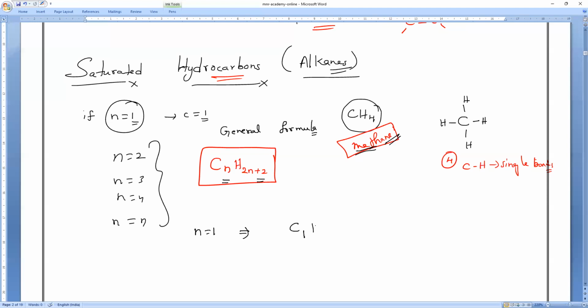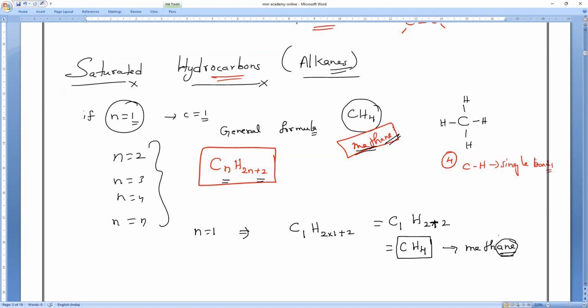C1H(2×1+2), which is C1H(2+2). How much is 2 plus 2? CH4. That is the simplest possible hydrocarbon, which we call, what is the name of it, everybody? Methane.